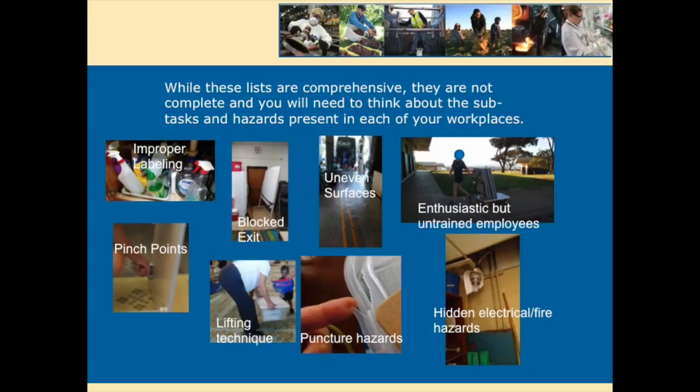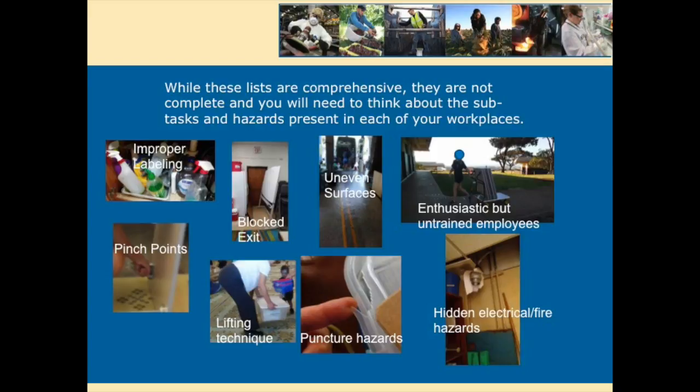This next slide, you'll see I've tried to include some photos of different things that I've observed on my safety observation, safety visits. We have improper labeling of containers. That's a GHS violation.